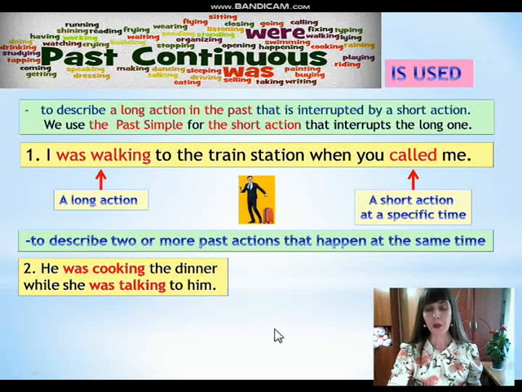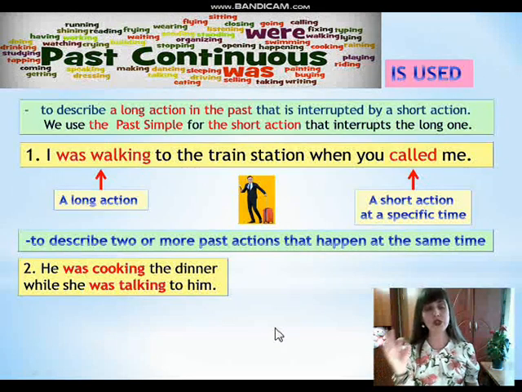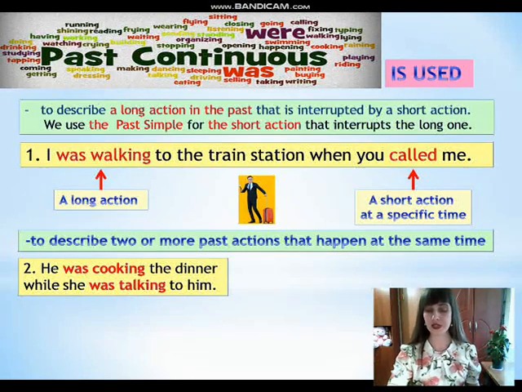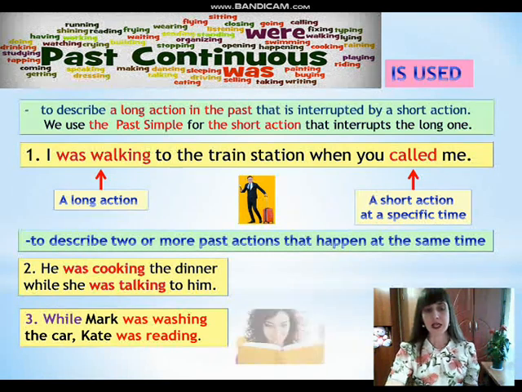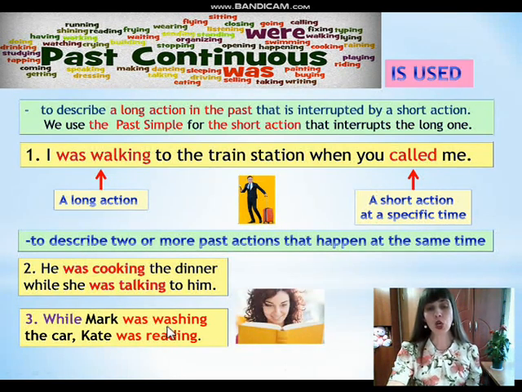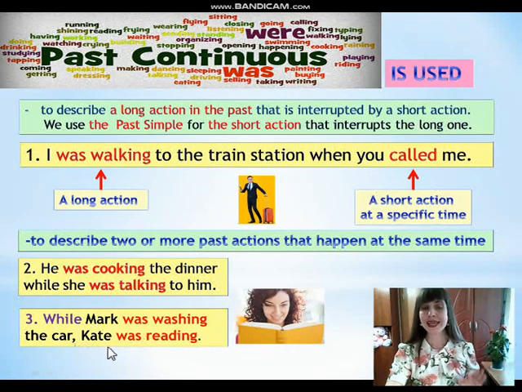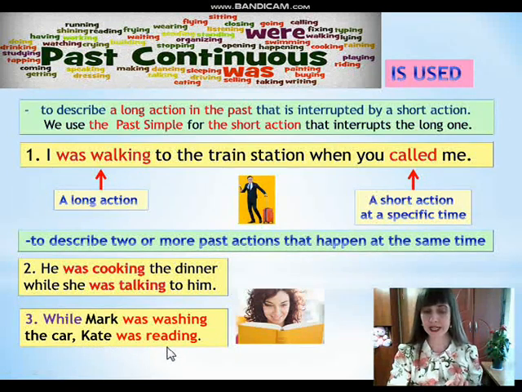So, pay attention that both actions are in the past continuous tense, and we join them with the word while. But notice, please, while Mark was washing the car, Kate was reading.